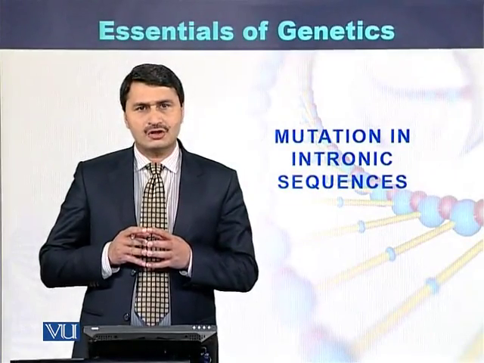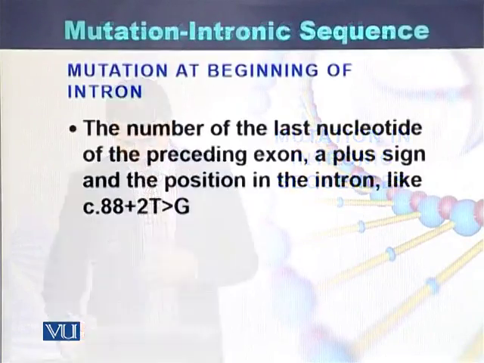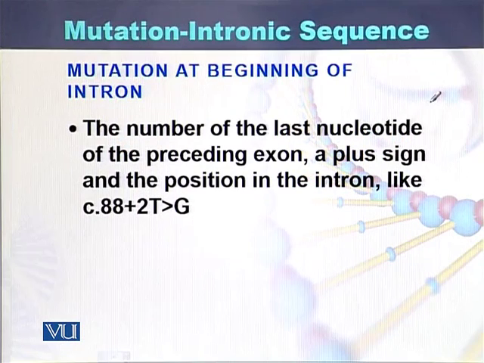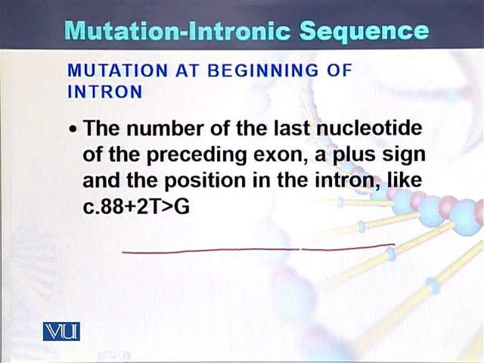Mutations in intronic sequences: how to write the mutations which are present in the intronic sequences. If a mutation is present at the beginning of an intron, then how to write that variant or that mutation? Take the example that this is the sequence of a gene.